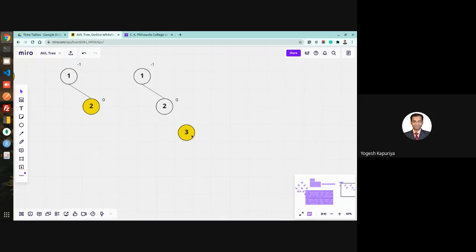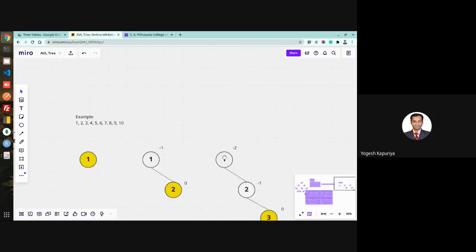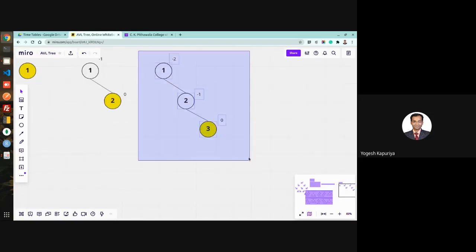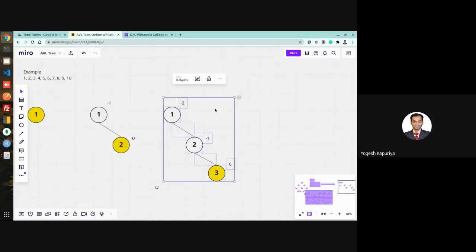Now you compute the balance factor on the path towards the root. For this it is always going to be 0. This is 0 minus 1, so minus 1. And here left is 0 and right is 2, so this is minus 2. Now this is not an AVL tree, the reason being this value is minus 2.